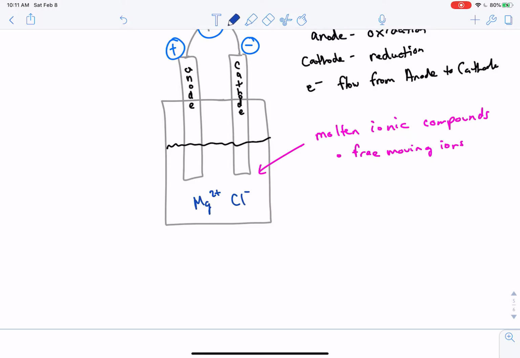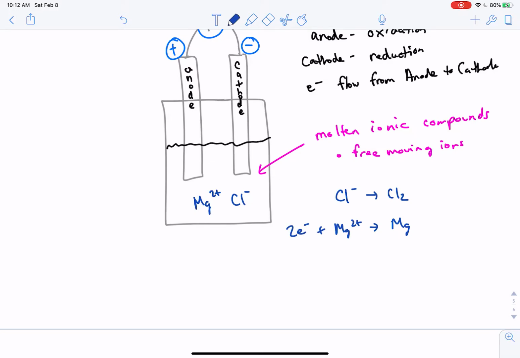The goal of electrolytic cells is, for our purposes, to create the elements in their standard state. So Cl- is going to want to go to Cl2, and Mg2+ is going to want to go to Mg. That kind of answers our question for us because if we balance these equations, we'll know which one is doing what. What does Mg2+ have to do to become Mg? Gain electrons. Gain 2 electrons.